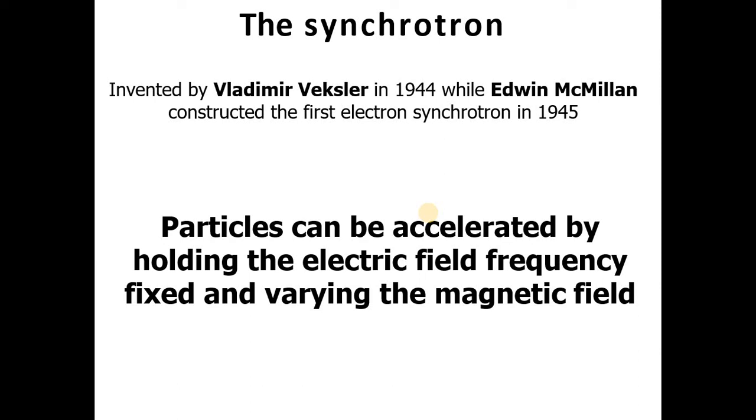Let's talk about another subtype of the cyclotron, the synchrotron. This was invented by Vladimir Veksler in 1944, while Edwin McMillan constructed the first electron synchrotron in 1945. Particles can be accelerated in this type of accelerator by holding the electric field frequency fixed and varying the magnetic field.